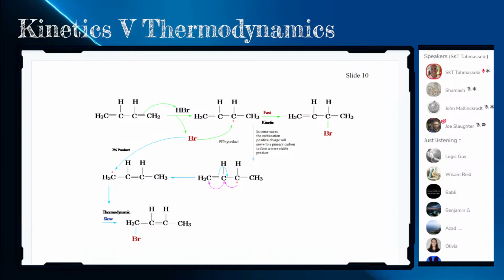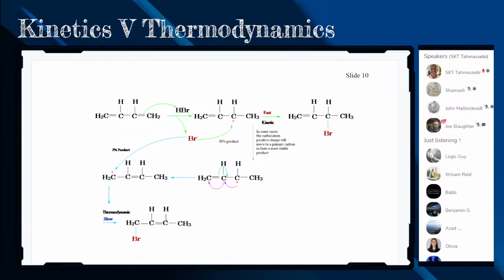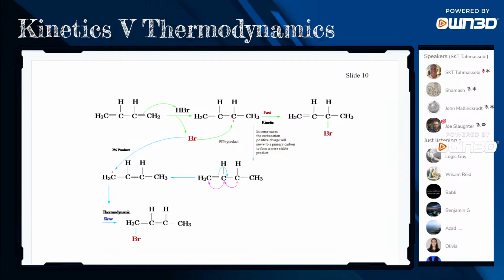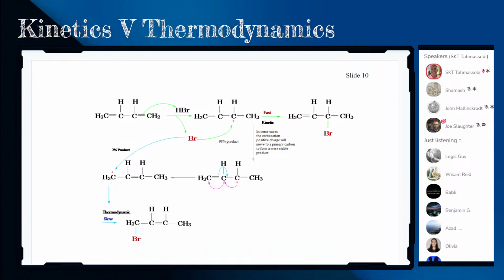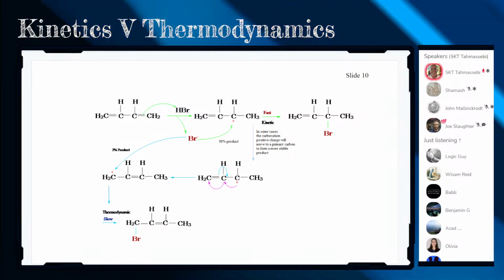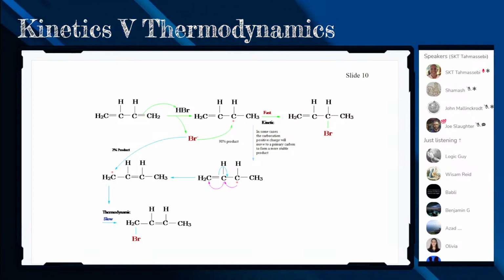In the elimination reaction on slide 7, we formed a double bond by getting rid of a proton and a halide. Here we're adding a proton and a halide across a double bond. So this is exactly the opposite of that reaction.